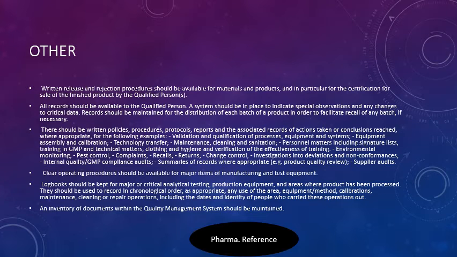Other written release and rejection procedures should be available for materials and products, and in particular for the certification for sale of the finished product by the qualified person. All records should be available to the qualified person. A system should be in place to indicate special observations and any changes to critical data.